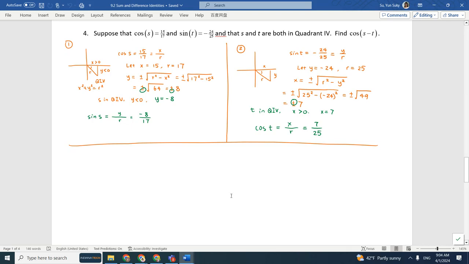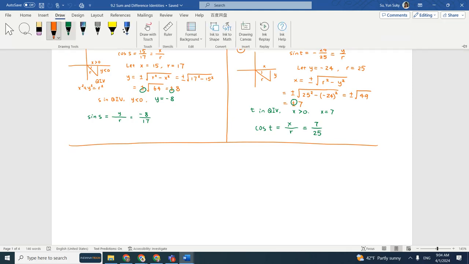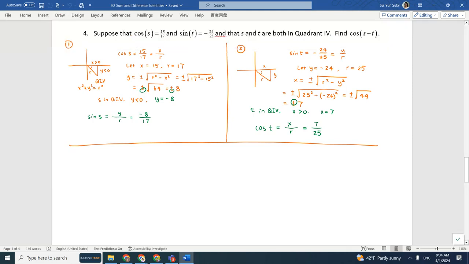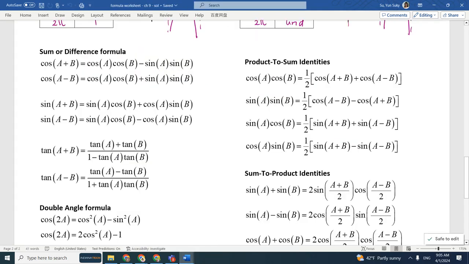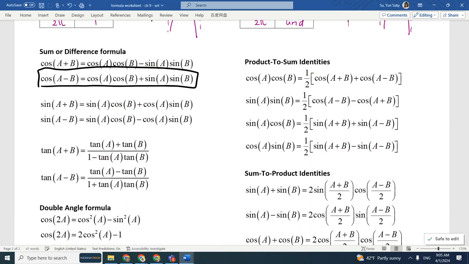So we finished step 1 and step 2. Now step 3, we're going to compute the difference, so we use the difference formula for cosine. Everybody take out your formula sheet. You're going to carry the formula sheet with you all the time when you do the homework. This is the cosine difference formula.